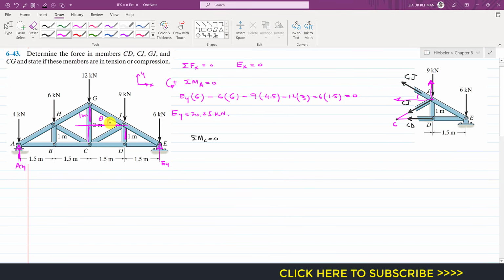So we can find this theta. If I apply tan theta, so tan theta is this perpendicular divided by base. So this is 1 divided by 1.5. And if I take tan inverse, we will be able to find that angle of GJ member with the horizontal.